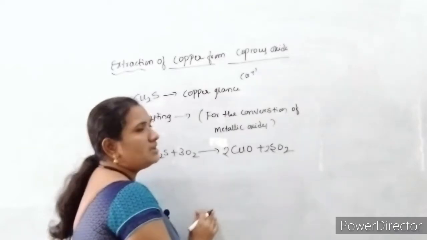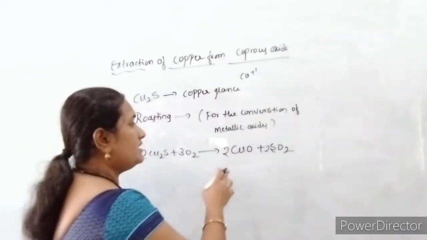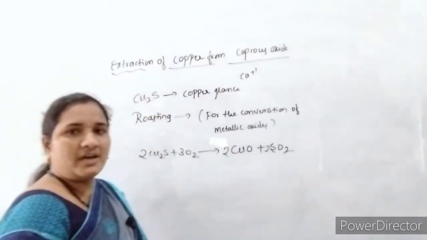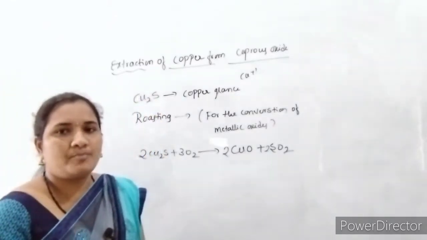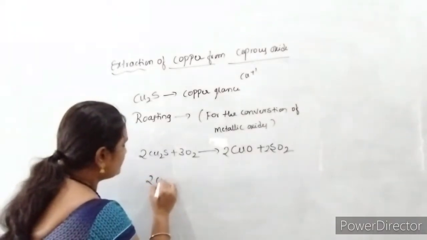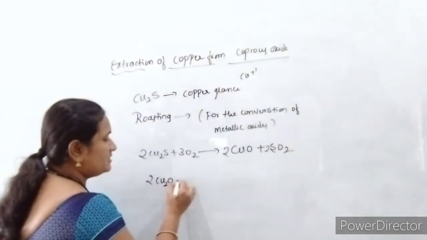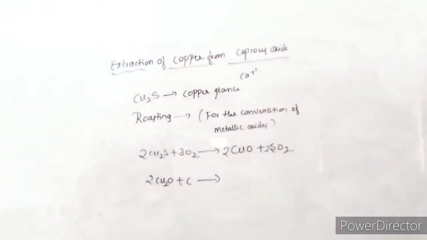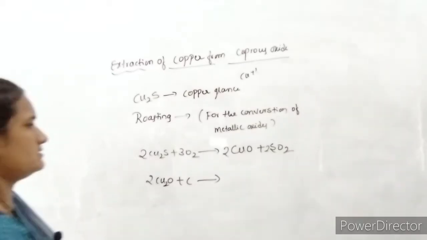So this is called cuprous oxide, and from this cuprous oxide we get the metallic copper. By treating this cuprous oxide with carbon, we get copper with the liberation of carbon monoxide as a gas.